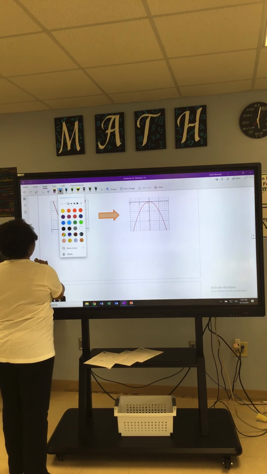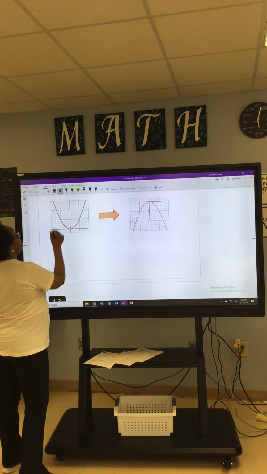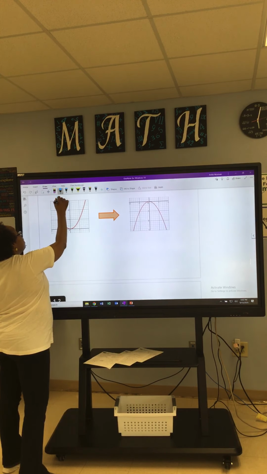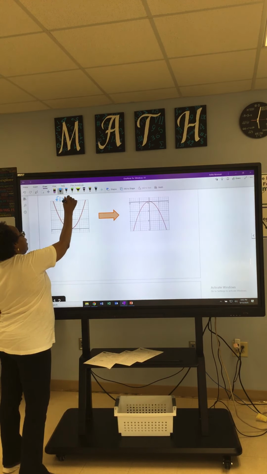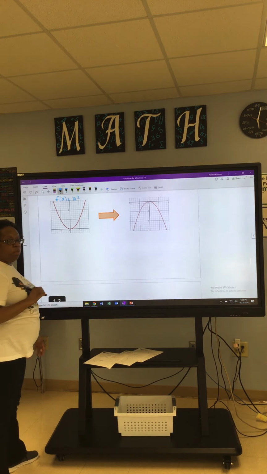Something a little different here. Again, we have our parent function. So this is f of x equals x squared. Notice my vertex is at 0, 0.